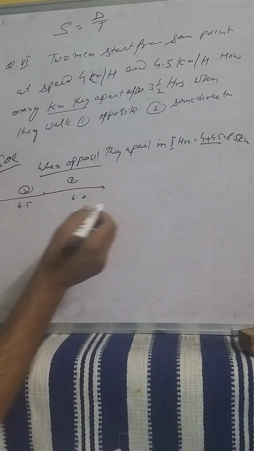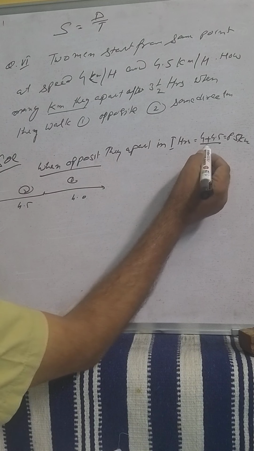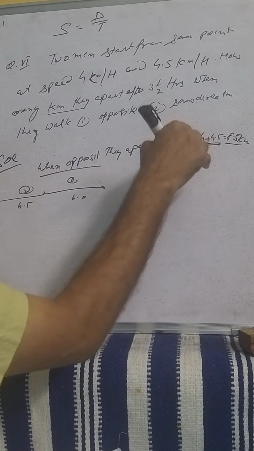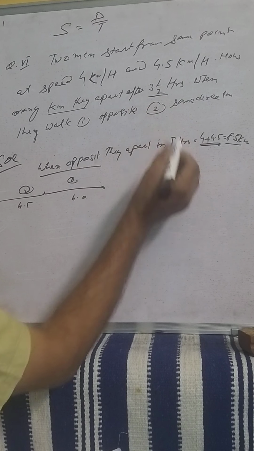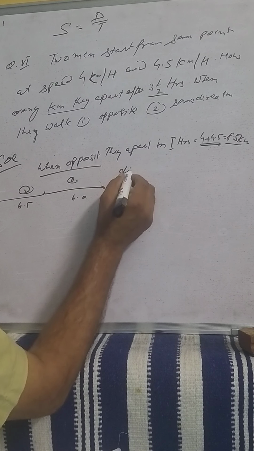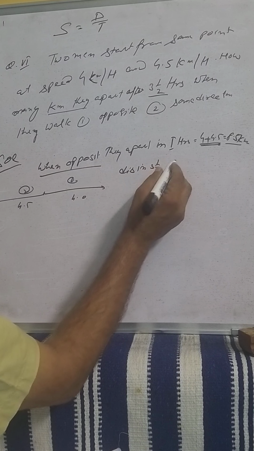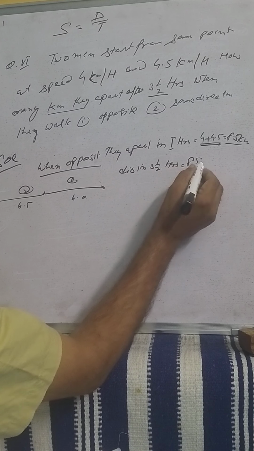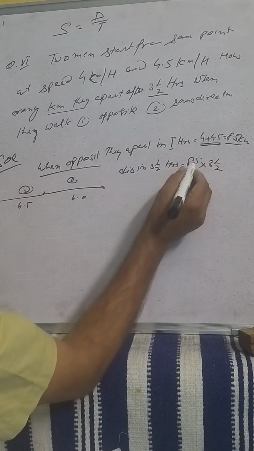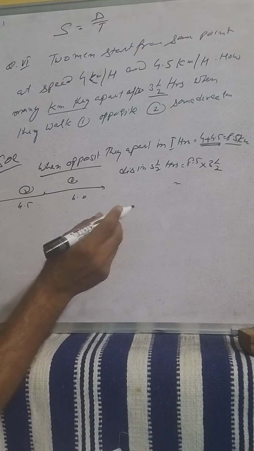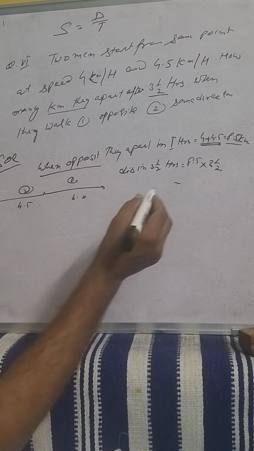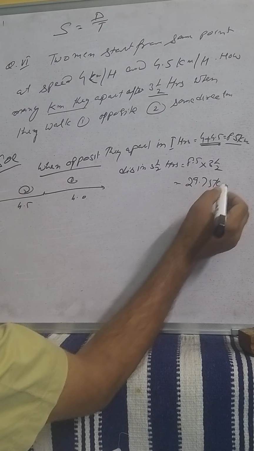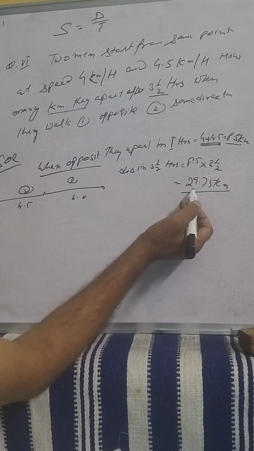Now we have to find the distance in 3.5 hours. Distance in 3.5 hours will be equal to 8.5 multiplied by 3.5, and this will be equal to 29.75 kilometers when they are in the opposite direction.